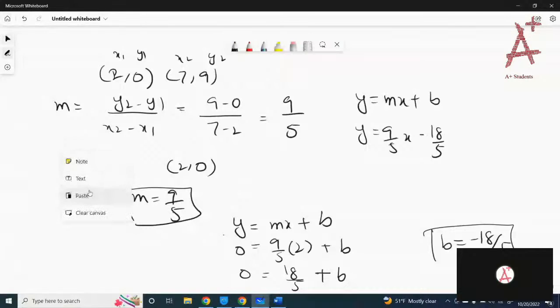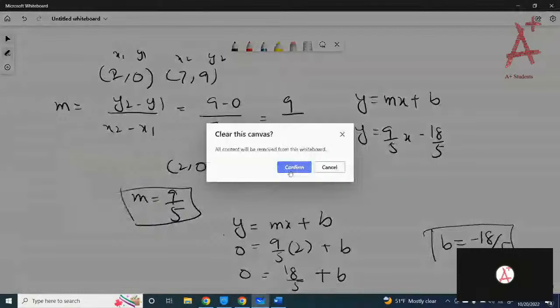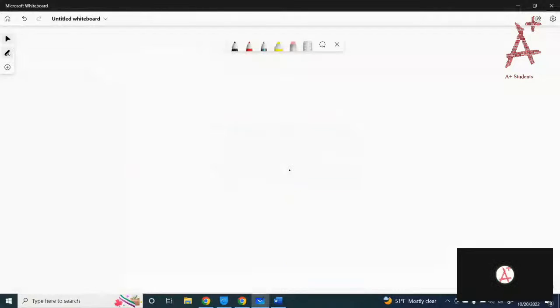Okay, the next topic is analyze a regression line of a data set.